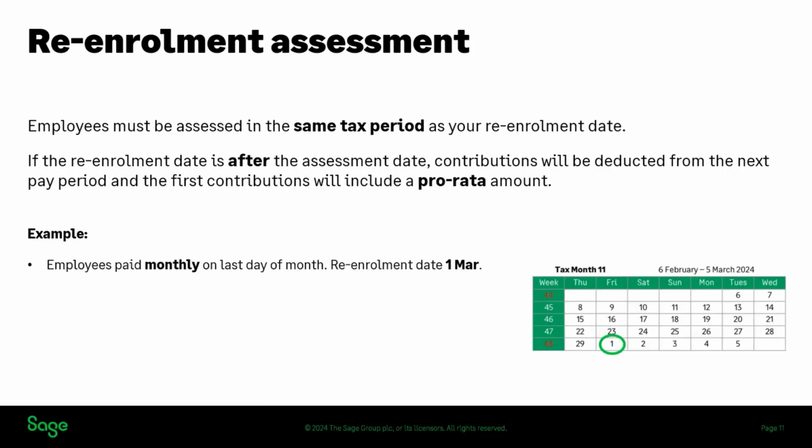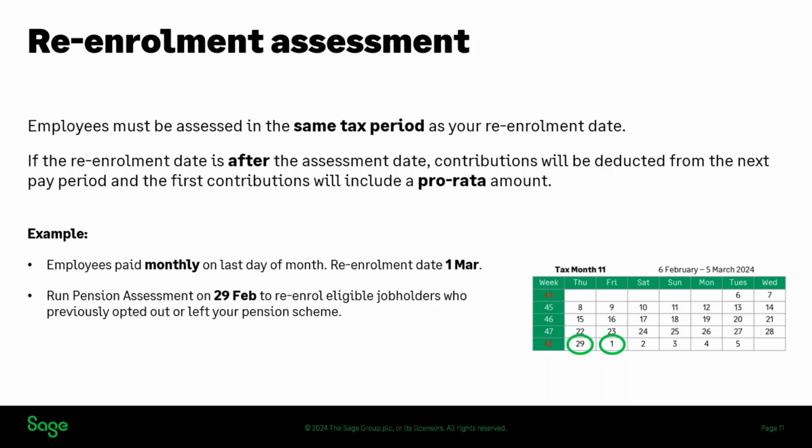So let's bring that to life with an example. So I have a payroll where my employees are paid monthly and pay date is the last day of the month. And I've chosen a re-enrolment date of the 1st of March, which falls into tax month 11. So that is the pay reference period, the tax period for this assessment.